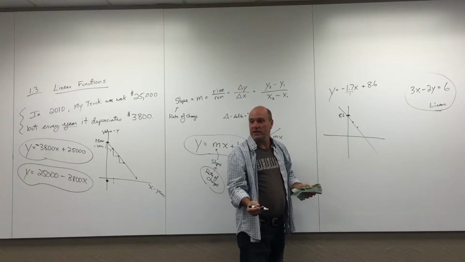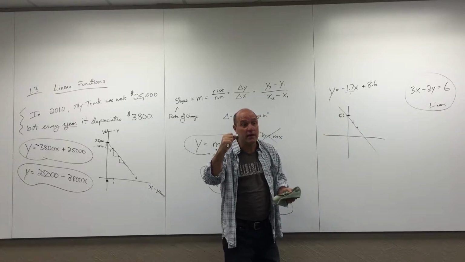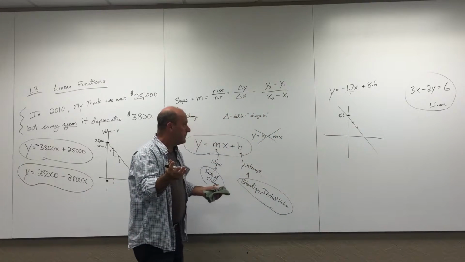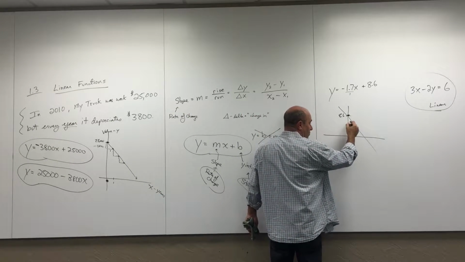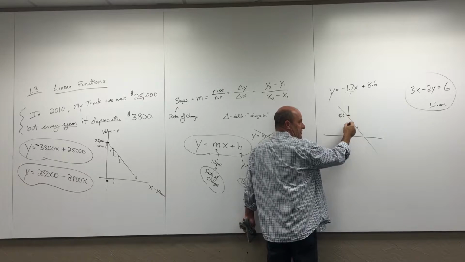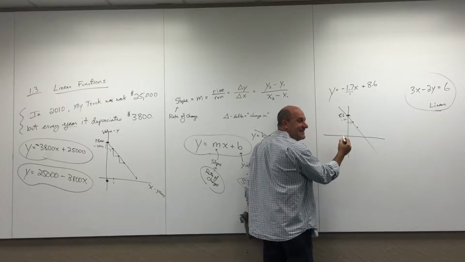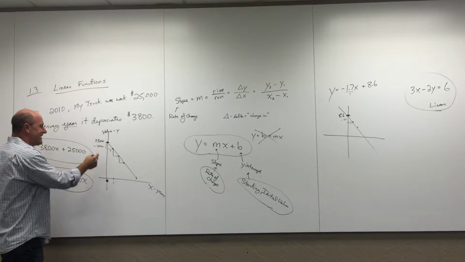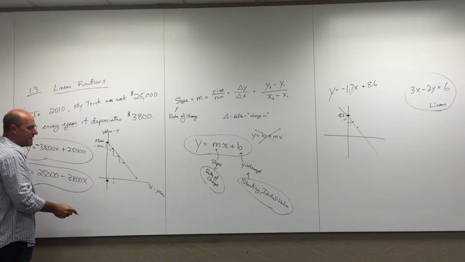That's how you can quickly draw a graph, knowing the y-intercept and the slope, a starting point and a rate of change. I went down 1.7 and I just didn't obsess over it, okay? I went down 1.7 and over 1. Same thing I did here. I went down 3,800 and over 1.